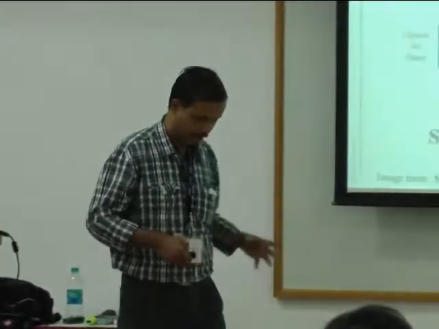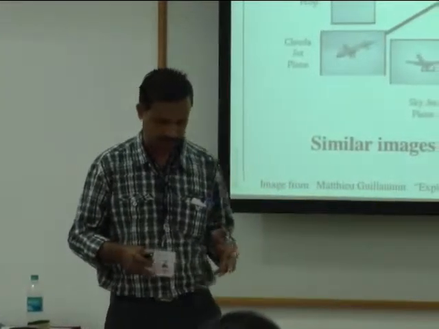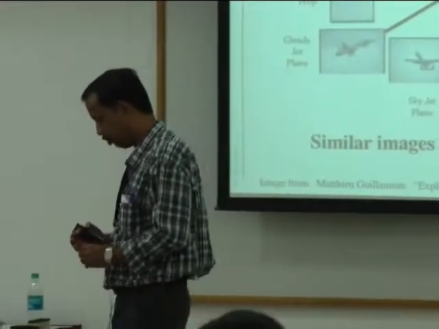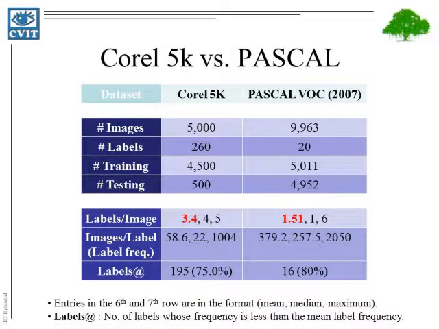So we want to look at the problem a little bit more carefully. There have been a lot of standard benchmarks which people use for various problems in vision, multimedia, and related areas. So we looked at one of the standard data sets which gets popularly used, Corel 5000 images for annotation, and Pascal images, which gets used very frequently for classification. One of the issues I would like to draw your attention to at this moment is the labels per image.